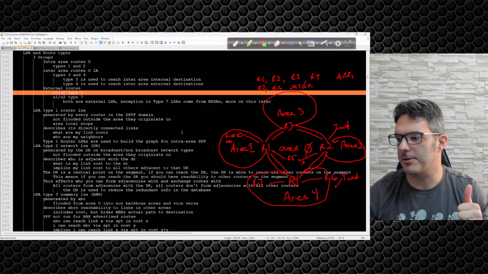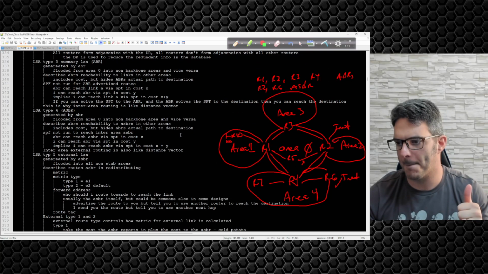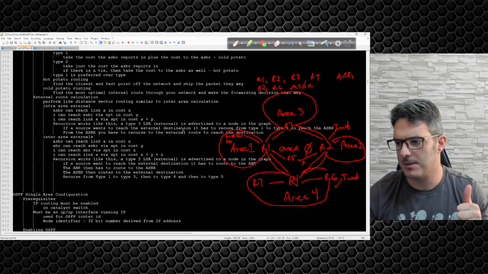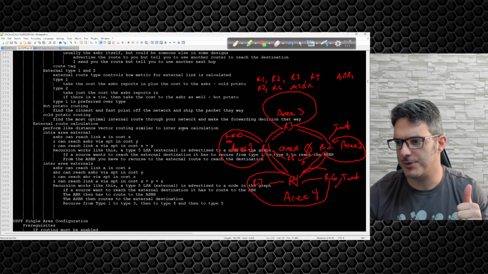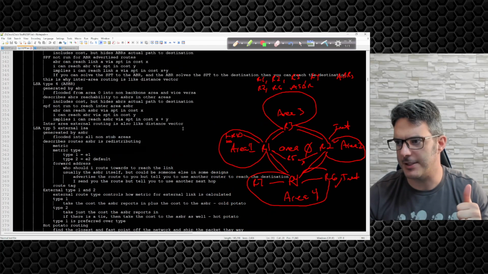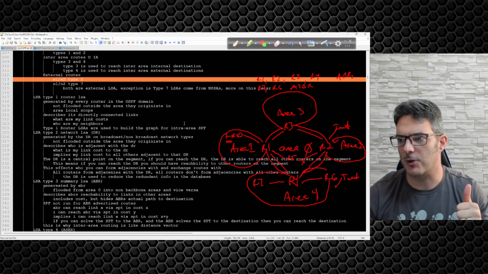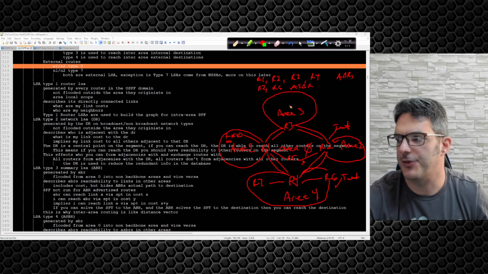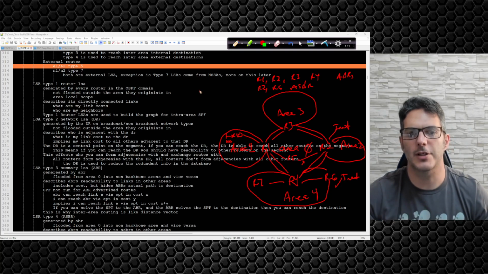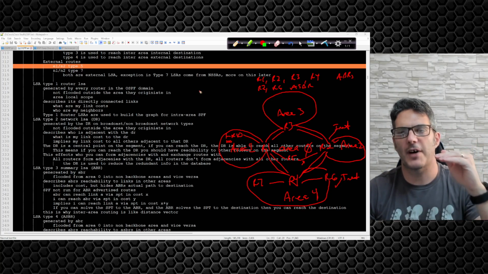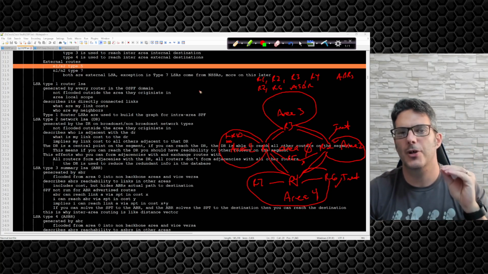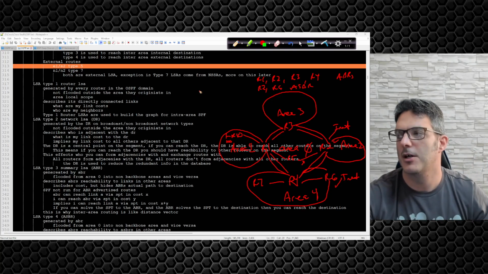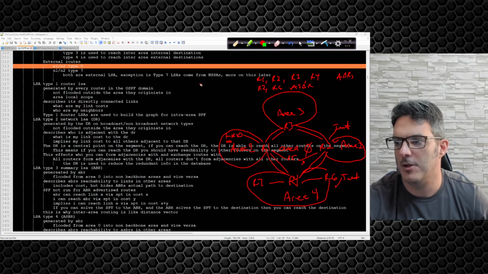Did I have that laid out here? I don't have that detailed out here. But let me talk about it real quick since I'm right here. The way I want you to think about this is, in the OSPF finite state machine, which LSA do you take? It's going to be from top down.